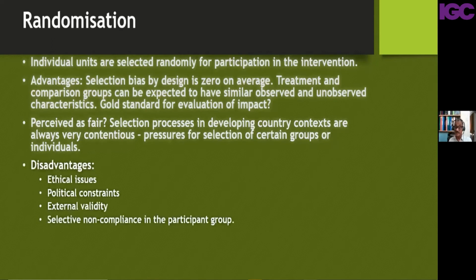But of course, randomization, as you would have already seen, involves a lot of disadvantages. Firstly, there are ethical issues. When there are a lot of people who are in need, is randomized selection really an ethical thing to do?